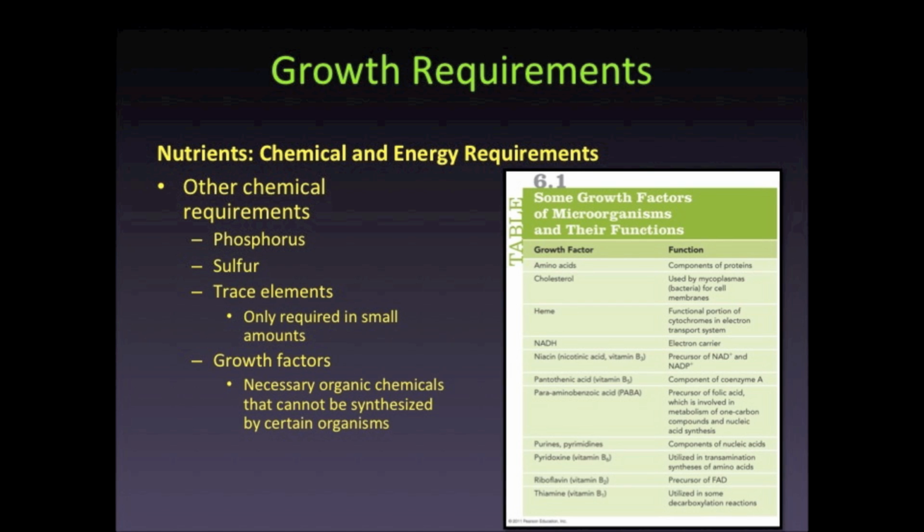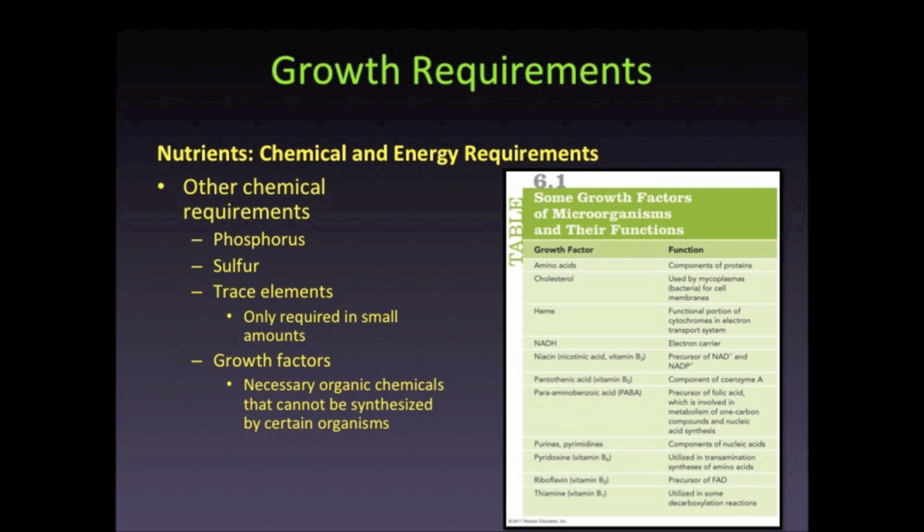Phosphorus is an important component of organic molecules such as the phospholipids, nucleic acids, ATP, and some proteins. Sulfur is an important component of sulfur-containing amino acids. Sulfur groups can bind to one another to form disulfide bonds, which are critical in the tertiary structure of proteins and in vitamins. Other elements are referred to as trace elements because they are required in very small amounts.